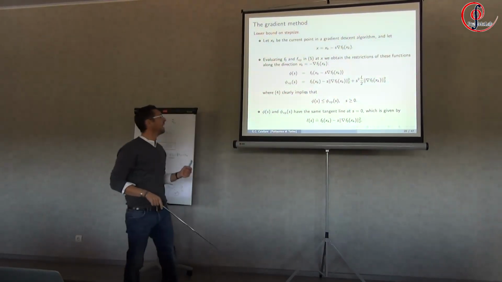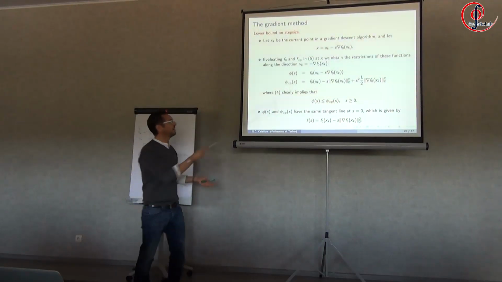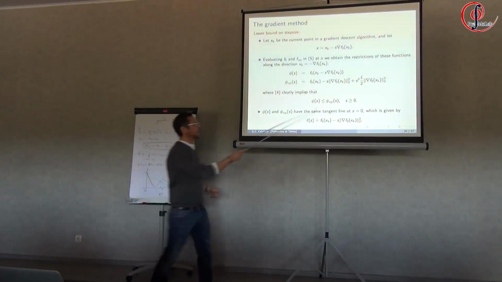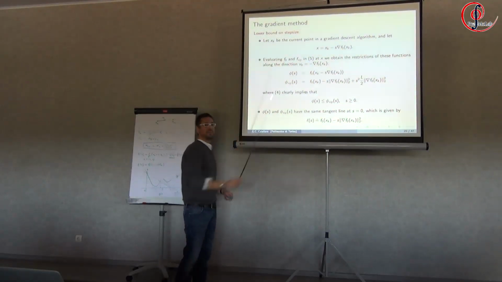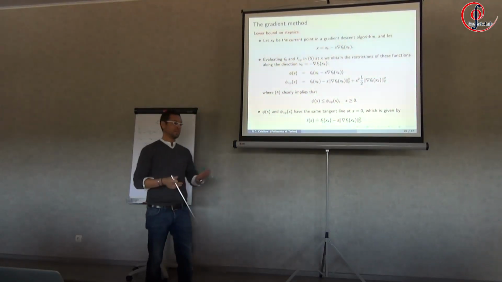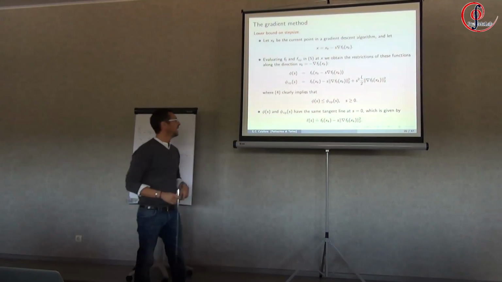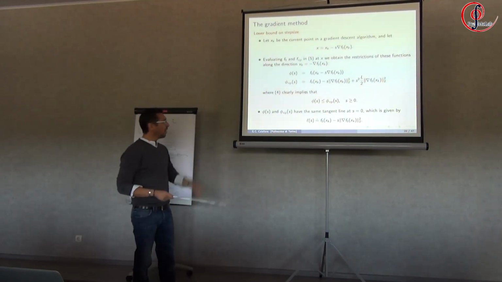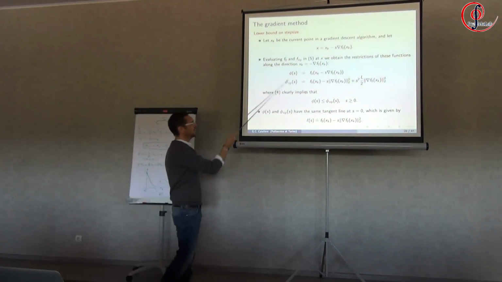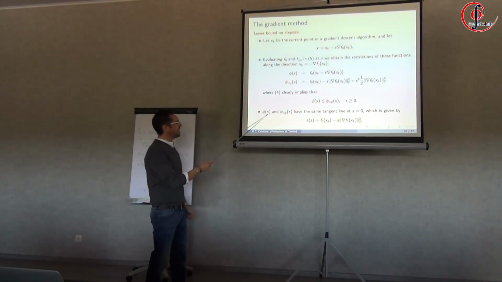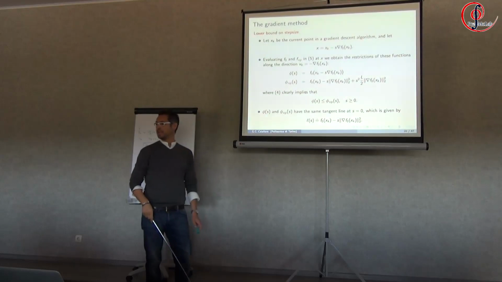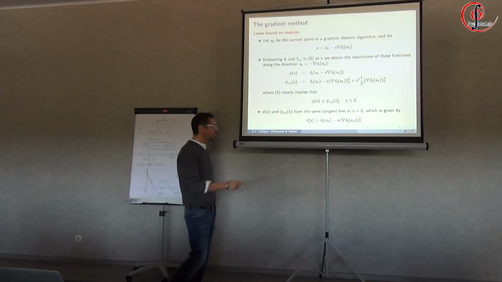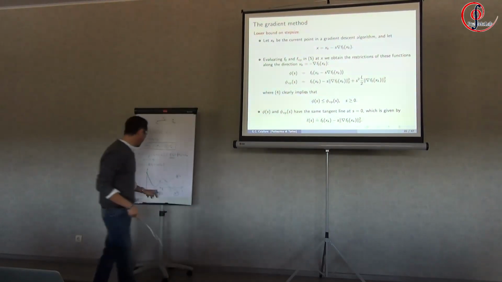And of course, phi up of s is above phi of s, okay? Because f up is above f0, and it's above f0 along any line. Moreover, if you look at this expression, phi and phi up have the same tangent line at s equal to 0, which is this l of s.